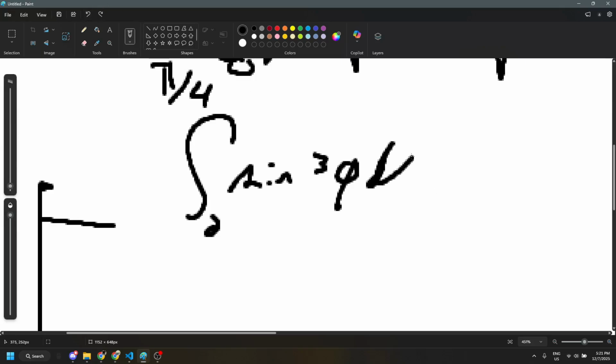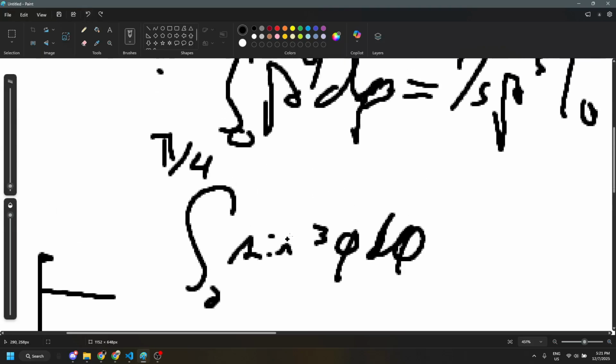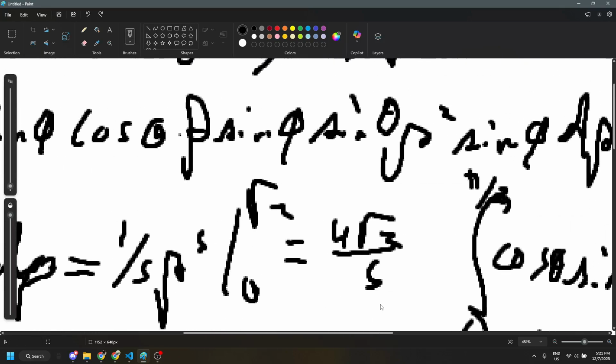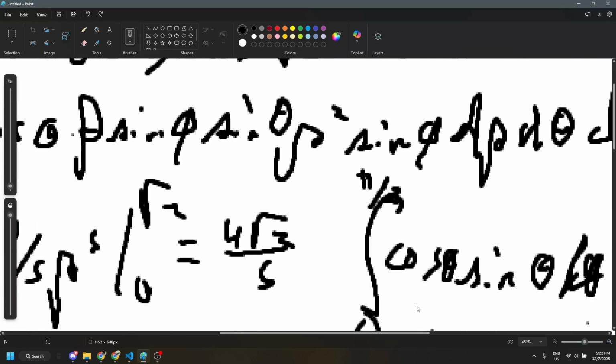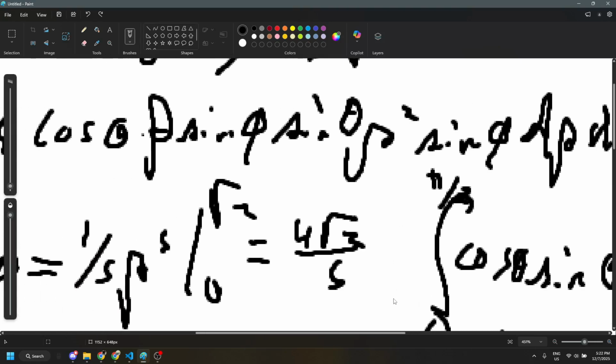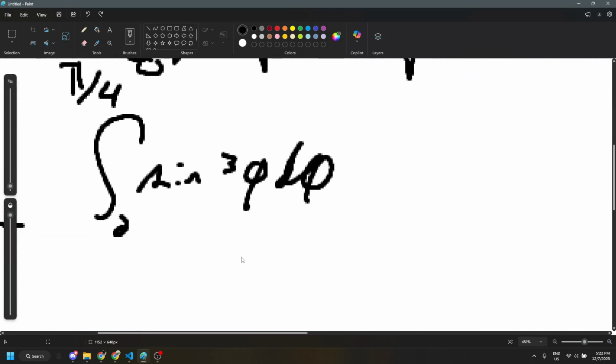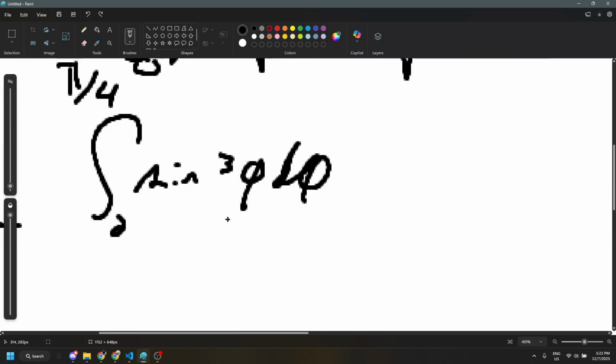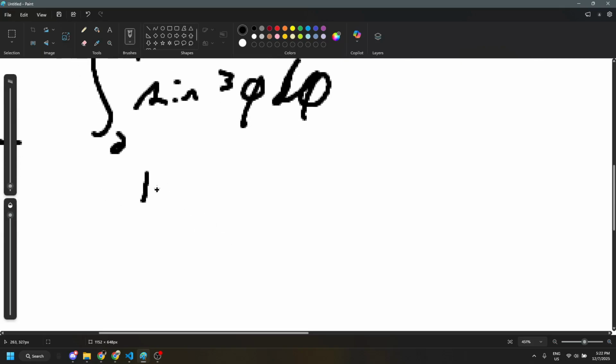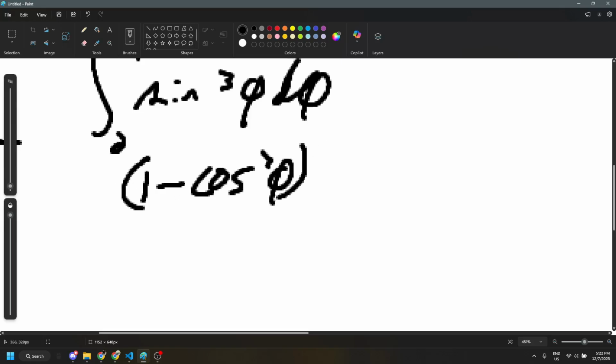Okay, we have to use an identity here. Oh, we get to use an easy identity. We don't have to use double angle, I think. So we're just left with 1 minus cosine squared phi times sine phi d phi.